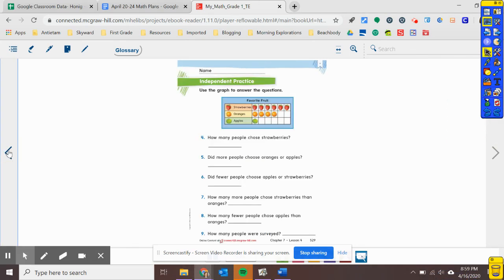All right, I'm going to turn back to the independent practice. So get ready because I'm going to read you each of these problems, and what I want you to do after I read you the problem is I want you to pause the video, solve the problem, and then unpause it so I can read you the next problem. So here we go. Number 4 says, how many people chose strawberries?